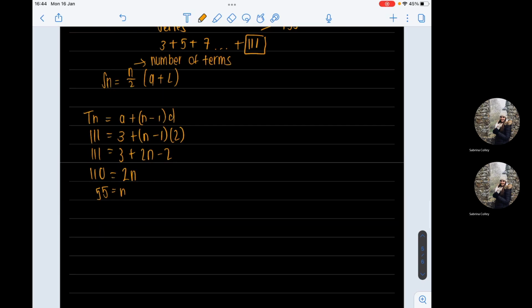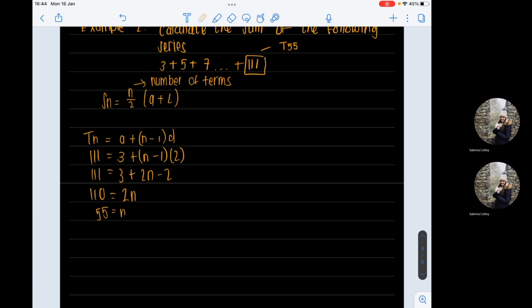Okay, so now let me have a look. I'm going to do it in a different color so you can tell the difference. I know it's going to be the sum of the first 55 terms. So n is 55, a is 3 plus 111. Again, we're using this formula because I've got the first and the last term.